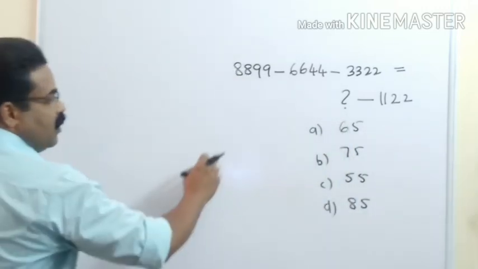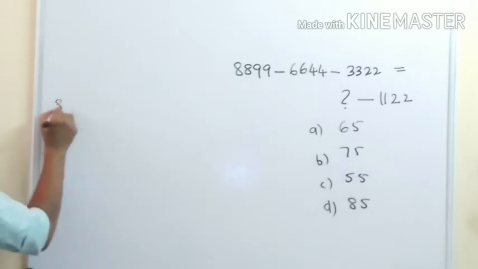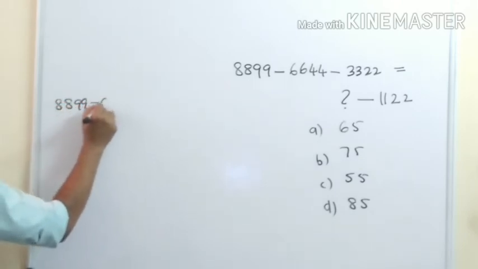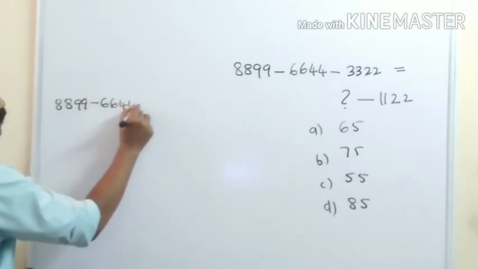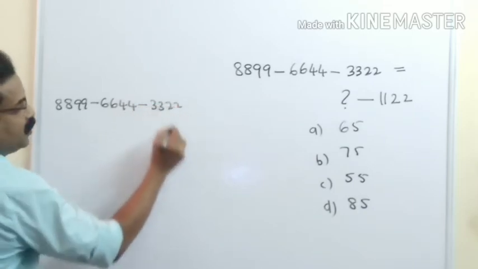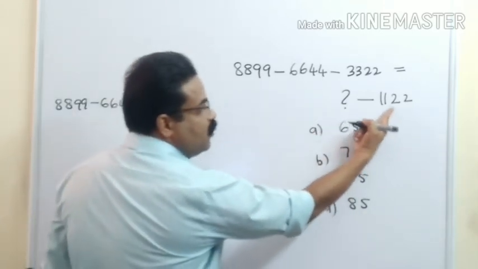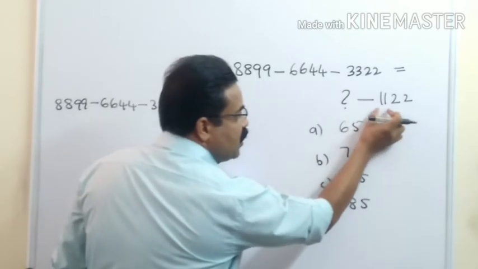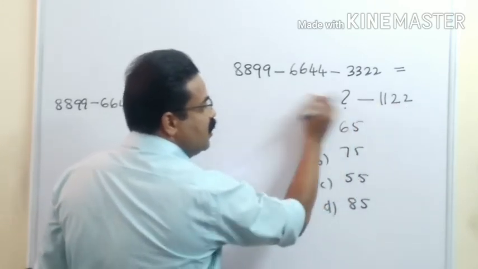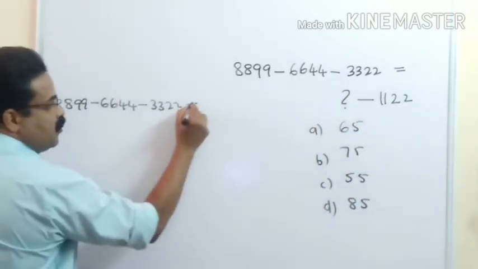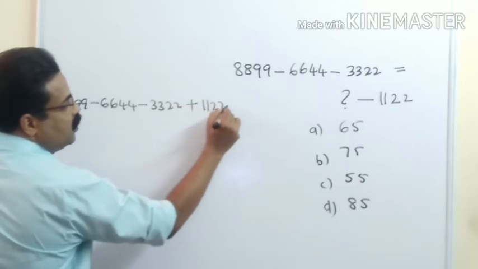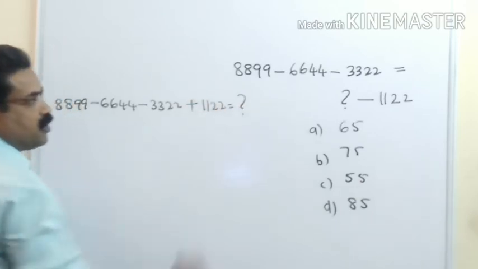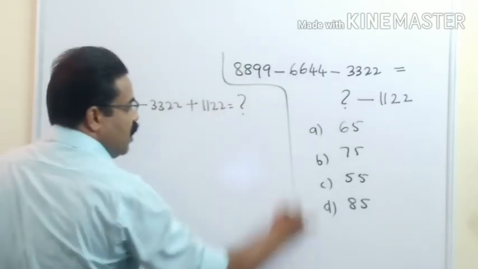So now let us see here. 8899 minus 6644 minus 3322. This minus 1122 I am taking to this side, students, this minus will become plus. So plus 1122 will be equal to what? Question mark. So this is the question asked.